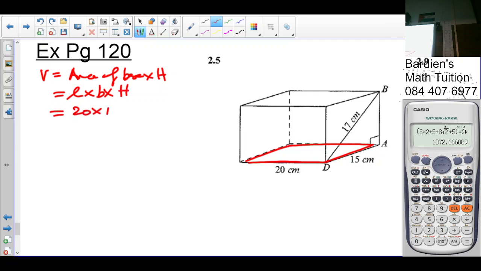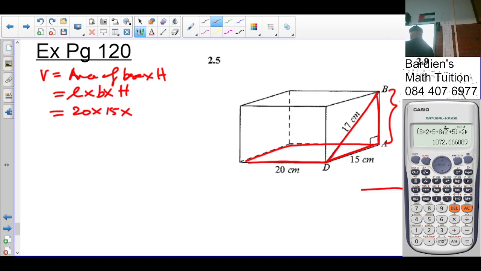What's the breadth? Do I have my height? No. My height is actually AB. Not so? So we have a triangle looking like this. Draw it here. So there's your B, your A, and your D. 15, 90, 17.